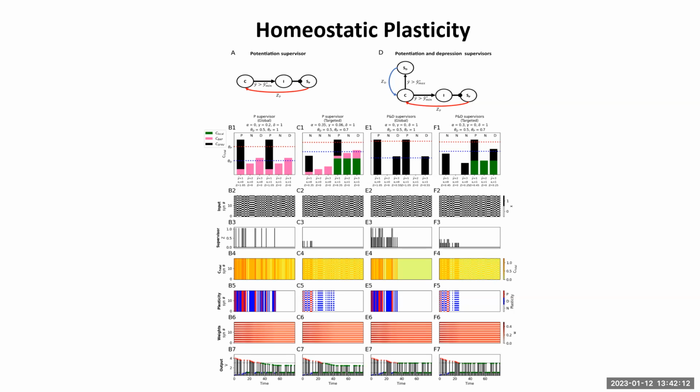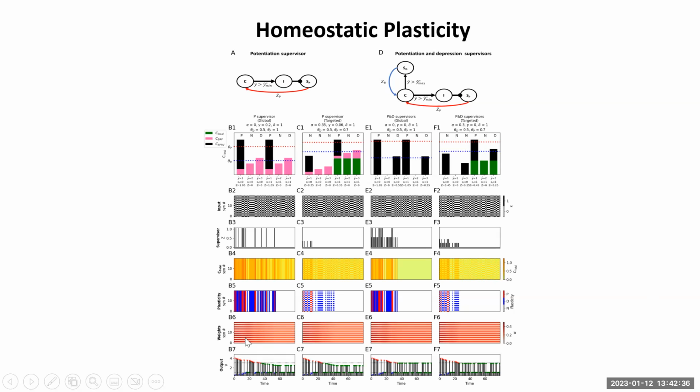So if W times X is larger than beta, I just want to depress. And if it's smaller than beta, I want to potentiate. Okay, that's how it works. Let me get to the next slide, because that's how it works in biology. But yeah, one thing at a time here.